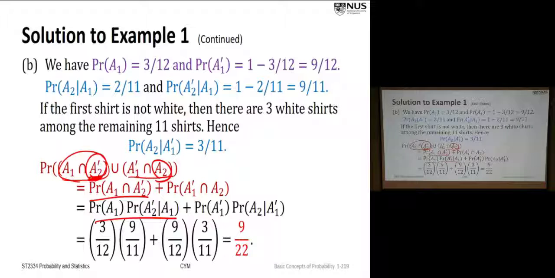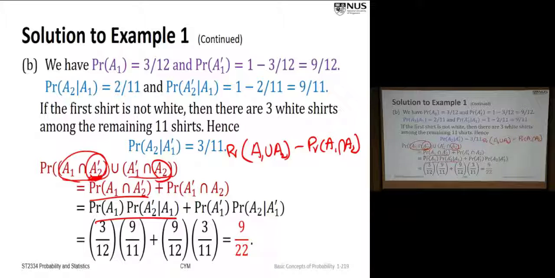All right? Now, you can check. This one is equal to, this is A1 union A2. Probability of A1 union A2 minus probability of A1 intersect A2.